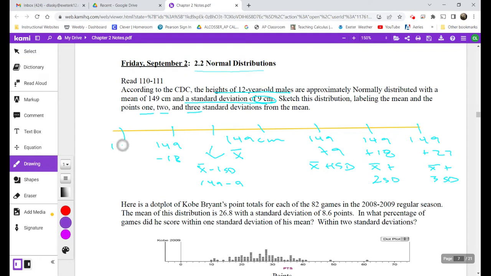This is going to be 149 minus 27 because this one is X bar minus 3 standard deviations. Okay? So the idea is this. We just take our standard deviation, we add 3 of them to the right and 3 of them to the left.